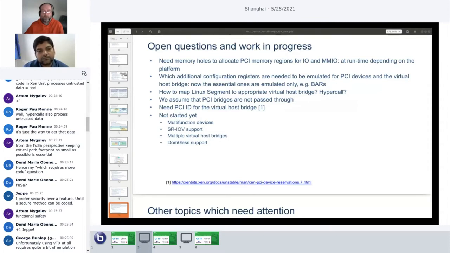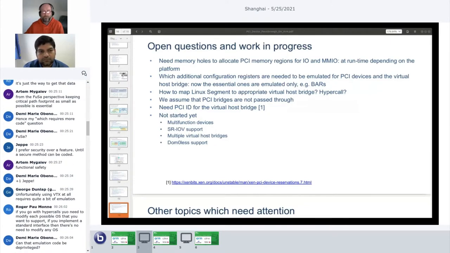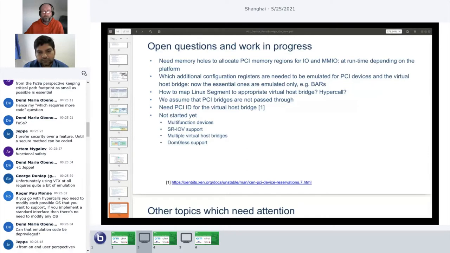I did start a discussion internally, but it could be that we could use FVP, the emulator from Arm, as a PCI emulation, and we could use that to create a system with multiple root complexes. I started the discussion internally. The question is, can we find a way so that this can be used externally? So we could find a solution for development, but a free one available publicly, I'm still working on that question.